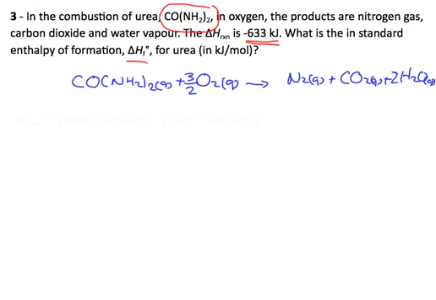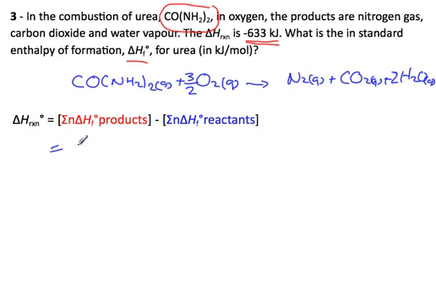That's the equation to calculate the delta H of reaction, but we already have the delta H of reaction. We know this. What we're looking for is something in here, one of the reactants, the urea. So what we can go ahead and do is I would start filling this in.